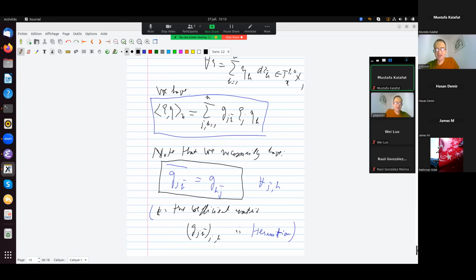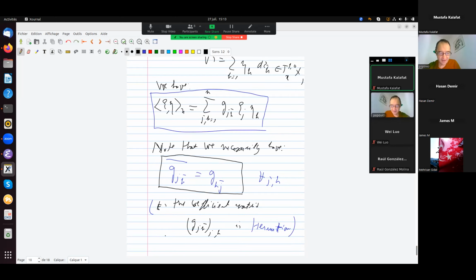Why is it Hermitian? It is a consequence of the fact that the inner product is positive definite. This is what an inner product is. It's necessarily positive definite. So this means that the coefficient matrix is actually positive definite, in the sense that its eigenvalues are strictly positive.